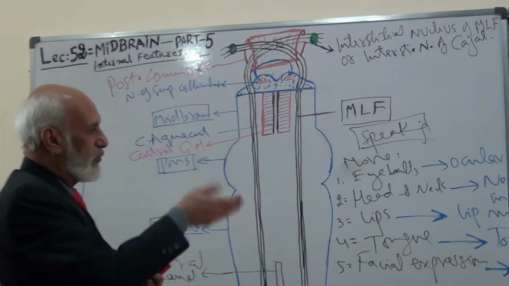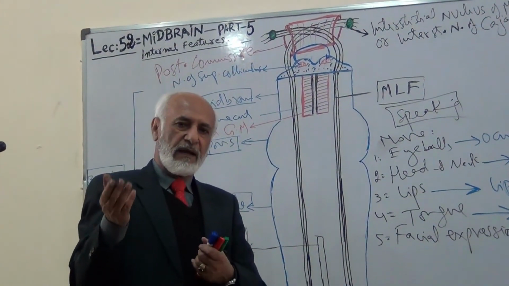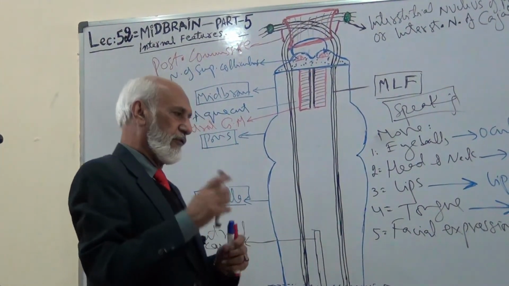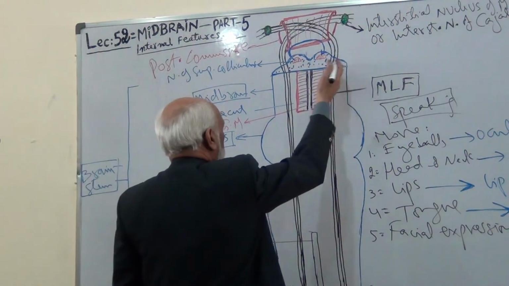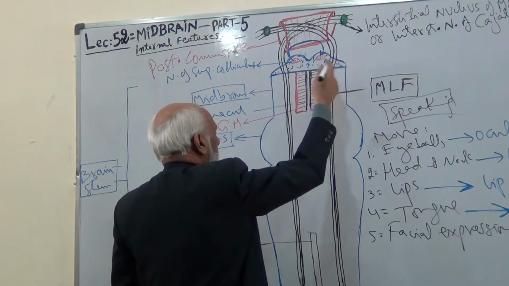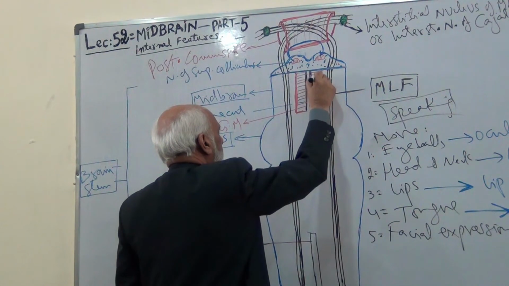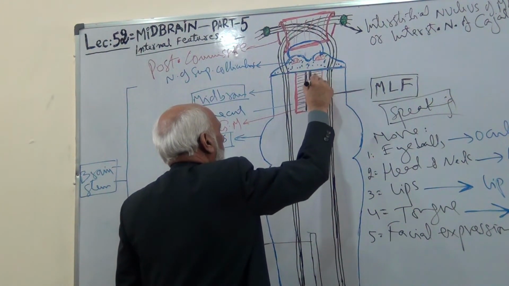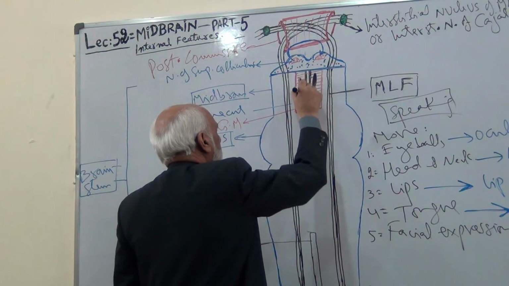Now, these motor nuclei, their emerging fibers are joining the medial longitudinal fasciculus. So, for example, this is the upper half of the midbrain. Here in the central gray matter is the oculomotor nerve nucleus on each side.